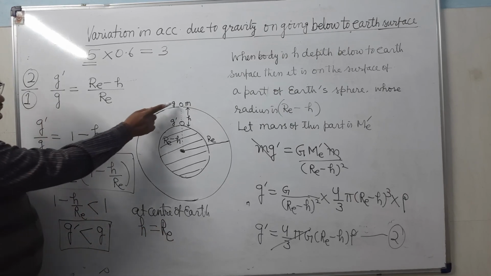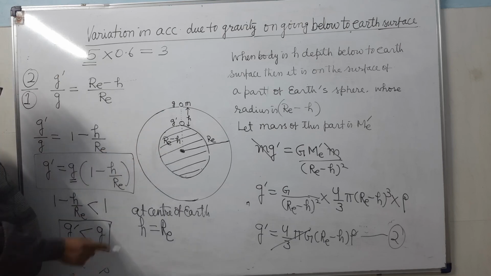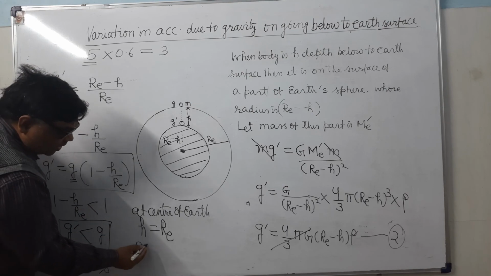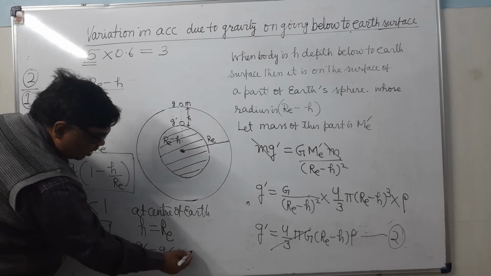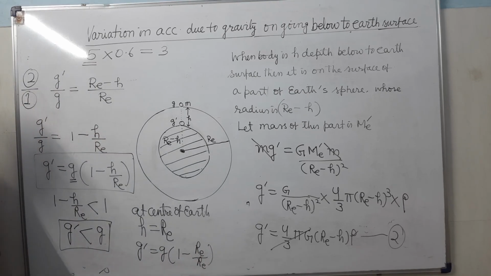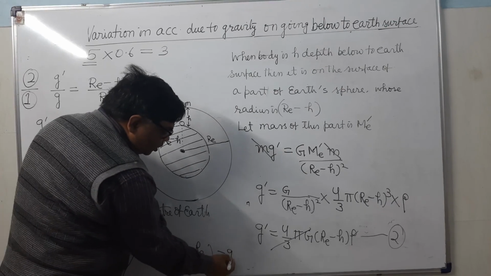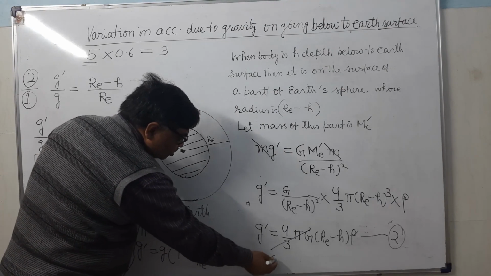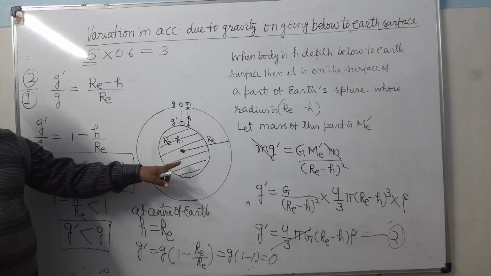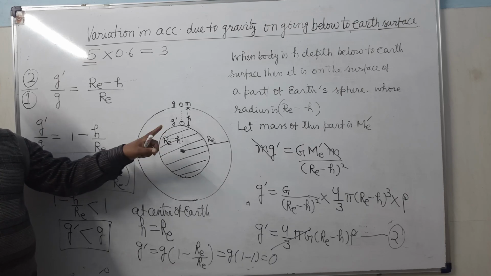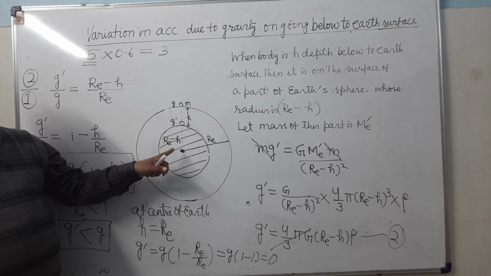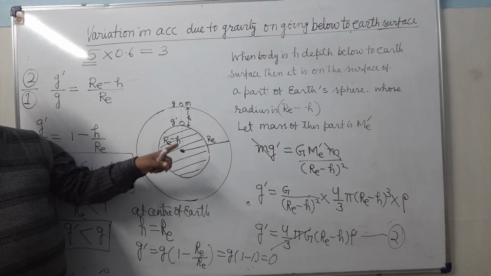So you substitute here, g dash equals g (1 minus RE upon RE). And what is RE upon RE? 1. So it will be equal to g (1 minus 1), that is equal to 0. Means at the center of earth acceleration due to gravity decreases and becomes 0. Therefore body will be in the state of weightlessness at the center of the earth.